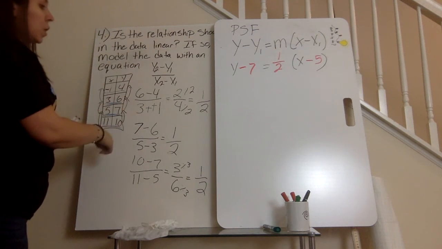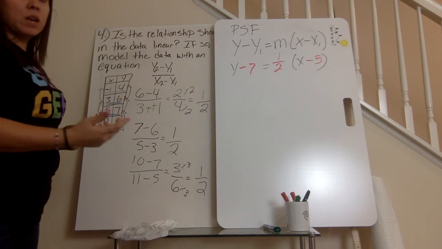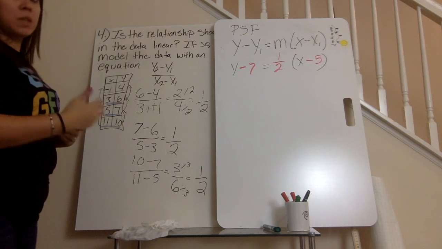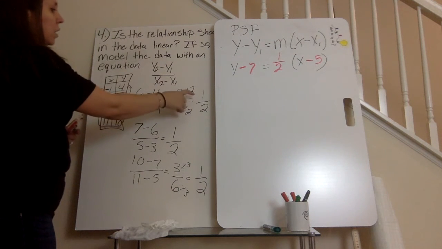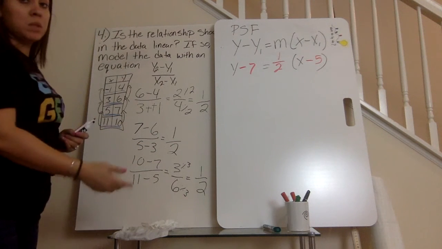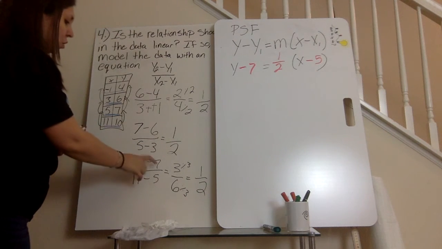We have to do it for all, or at least 3 if you end up having more points, just to make sure that you see that pattern, because sometimes you might get the same in one, the same in the second one, but the third ends up being something different.